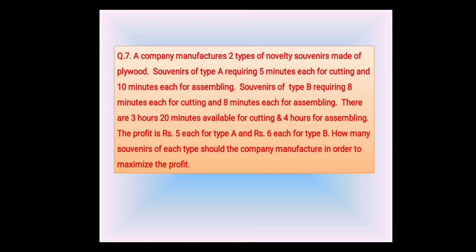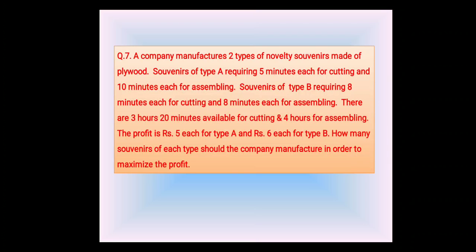Here the company is going to manufacture two types of souvenirs, type A and type B, and here we have a cutting machine and an assembling machine. Type A requires 5 minutes for cutting and 10 minutes for assembling. Type B requires 8 minutes for cutting and 8 minutes for assembling.